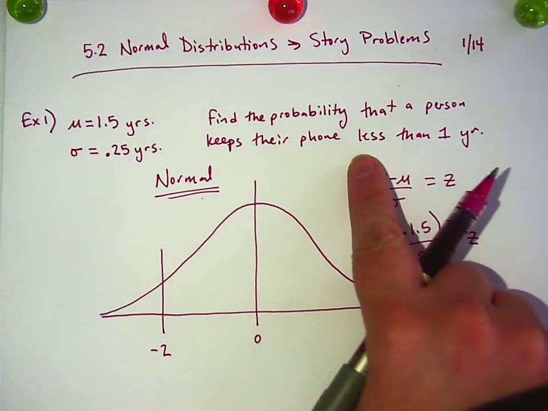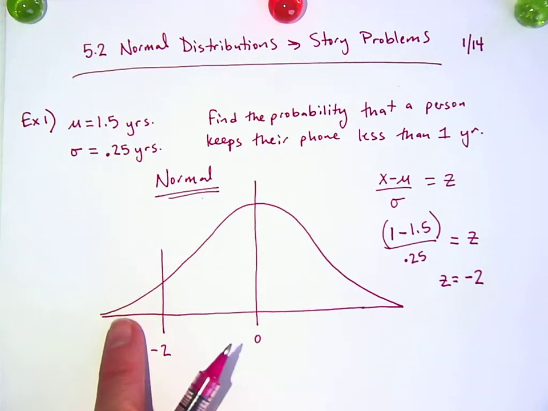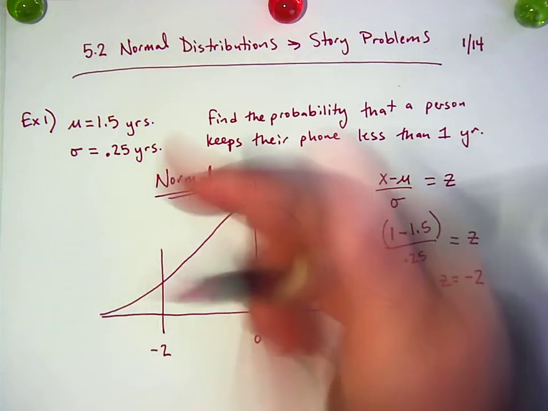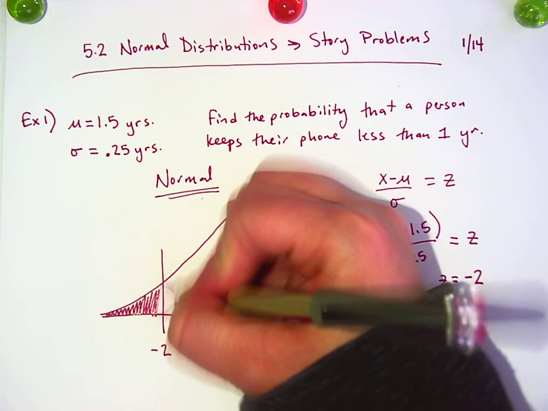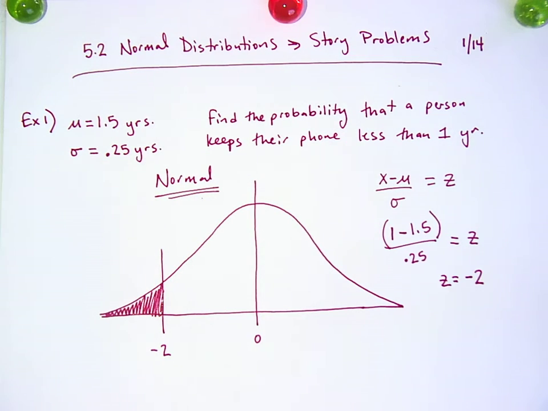All right, and we want it less than 1 year, so where should I shade? Yep, I'm going to shade to the left. And now we've turned it into a problem just like yesterday, where all we have to do is look it up on the table. Do you remember the table always goes to the left? So look up -2, -2 point what? -2.0, so look up with your partner right now.